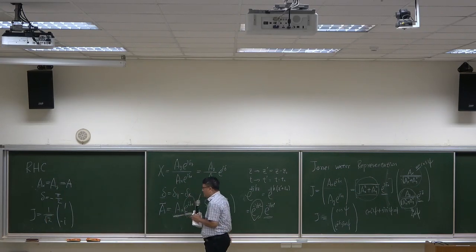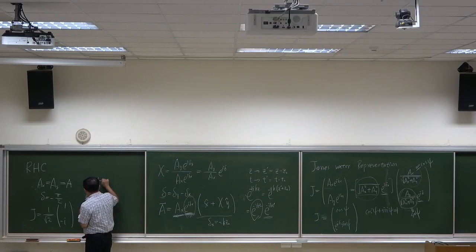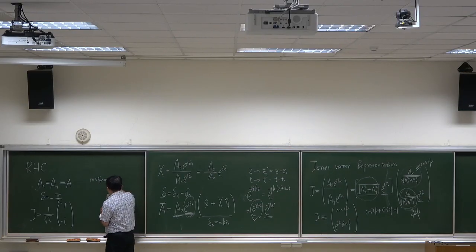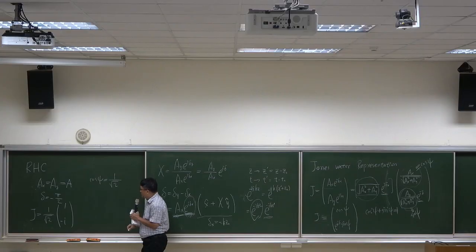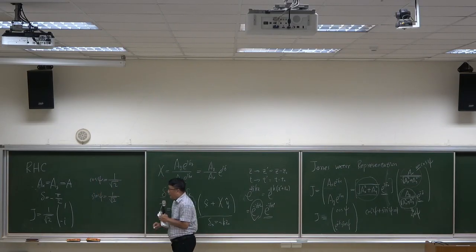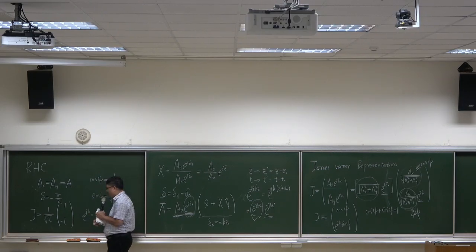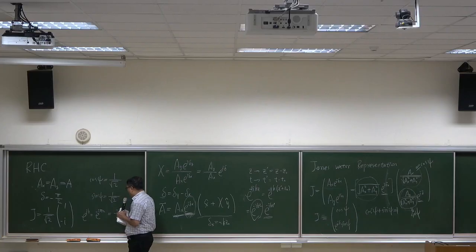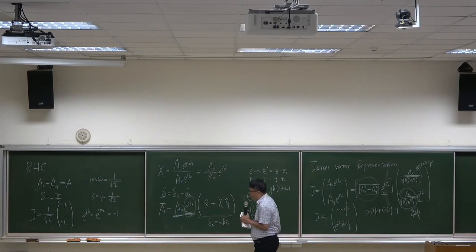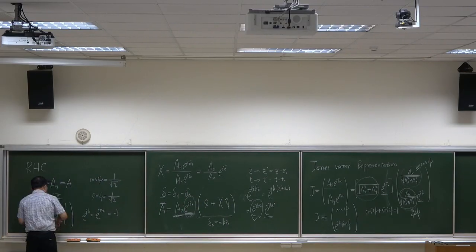Because when A_x is equal to A_y, cosine psi is equal to 1 over square root 2, and sine psi is also equal to 1 over square root 2. And exponential i delta is equal to exponential minus i half pi, which is nothing but minus i. So this is the polarization state of right-hand circularly polarized light.